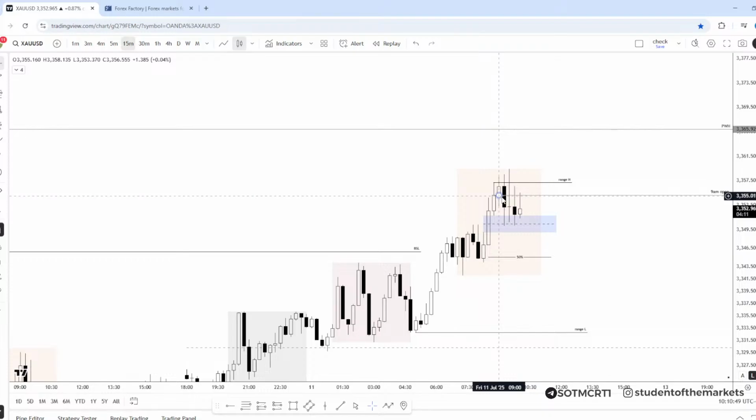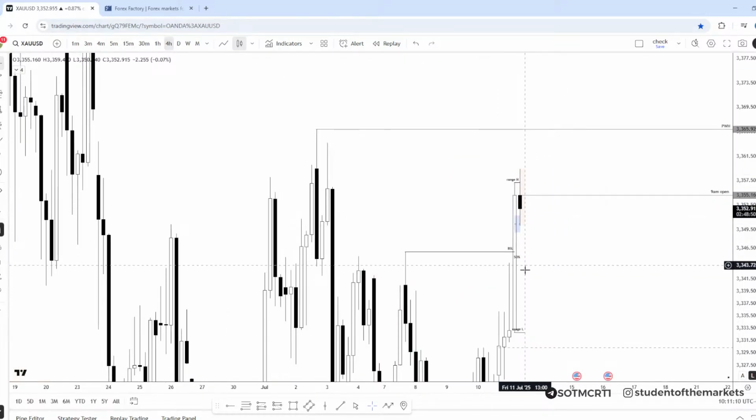Now if there is a PD array for sells, for example bearish order blocks, at the 9 a.m. open at this level, then you can take sells. Whenever price opens and pushes down first, then you're looking for price to buy back. Why? Because price on the 4-hour will most likely do the bottom wick.